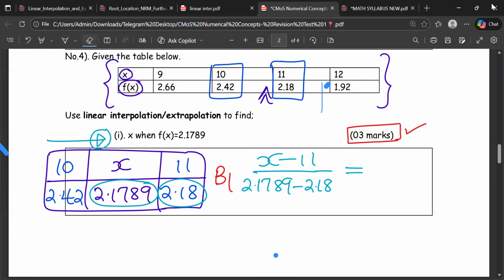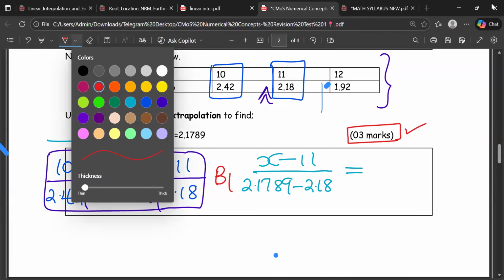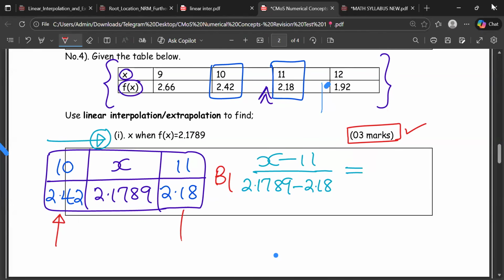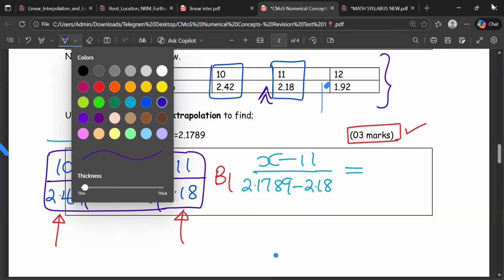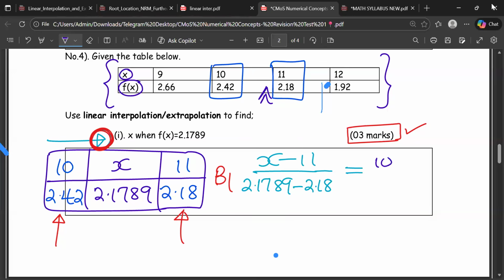Since we should purely have known values, what does that imply? That we are supposed to use this column and this column. But as we use those two columns, we should respect the direction we chose. Because of that direction, this side we shall have 10 minus 11 on top, since on top we are having X, then down we are having Y. And this side should purely have known stuff.